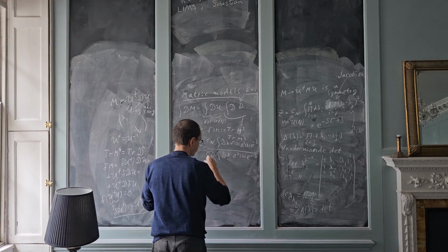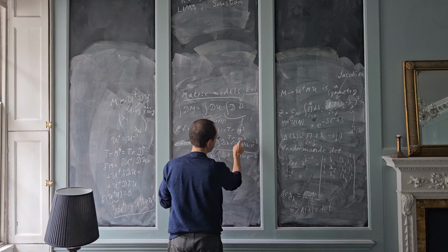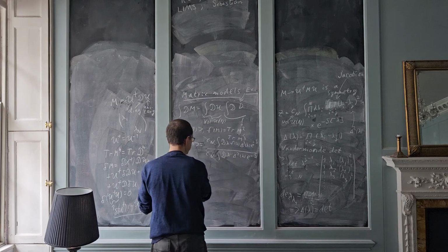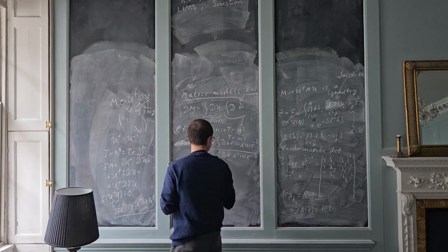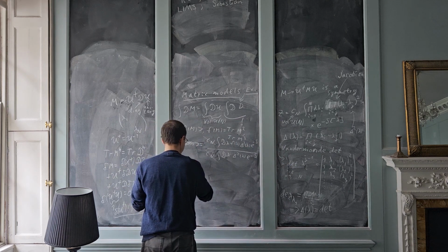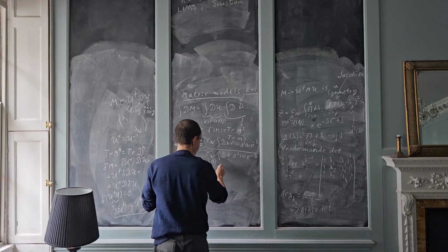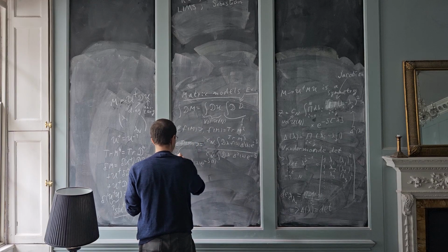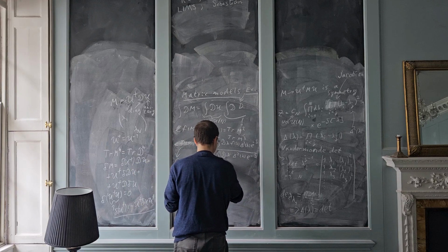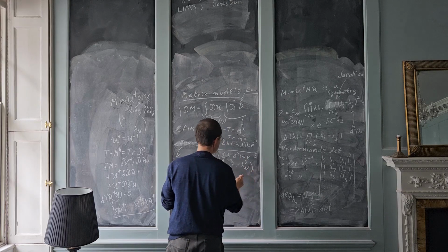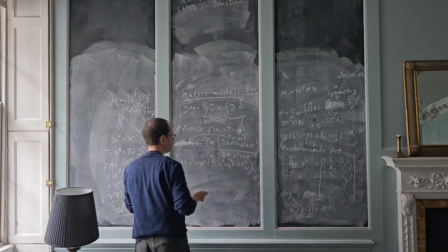Concretely, if I take something like trace M cubed, we will have this integral d lambda, where d lambda is just the product of all d lambda_i, delta squared of lambda, e to the minus S of lambda, times lambda_1 cubed plus lambda_2 cubed plus ... plus lambda_N cubed for this case, trace M cubed.